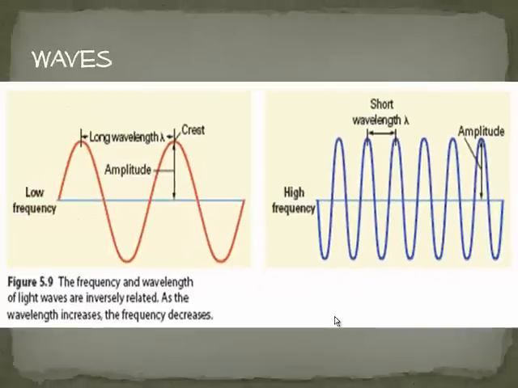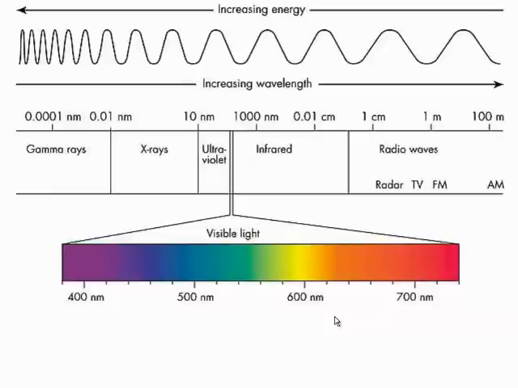Well, how is that? If we take a look at all the different kinds of energy that travels in waves and arrange them according to their wavelength and frequency and the energy involved in producing them, we get a chart called the electromagnetic spectrum.